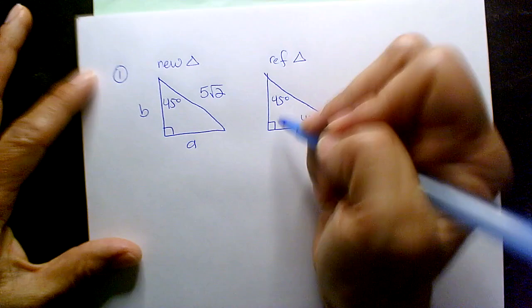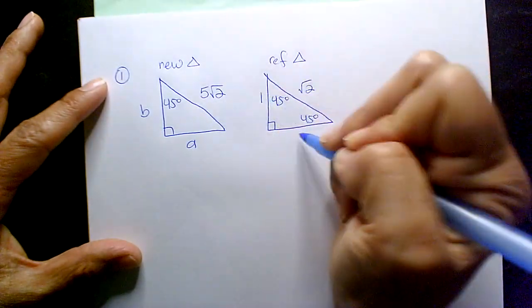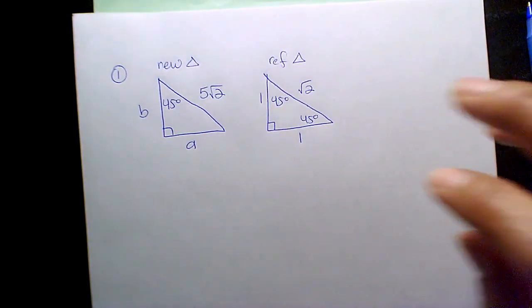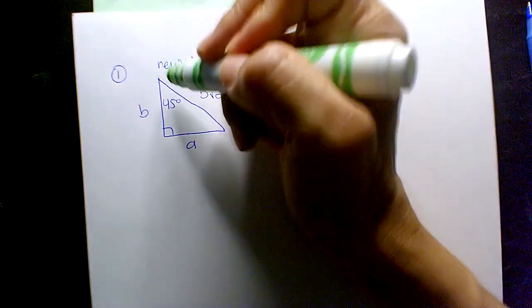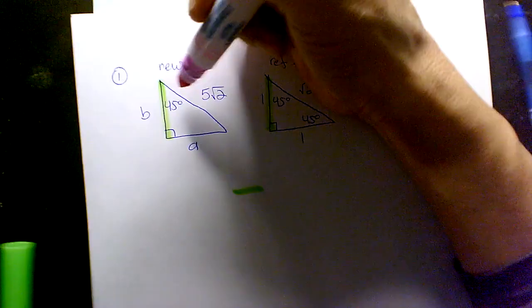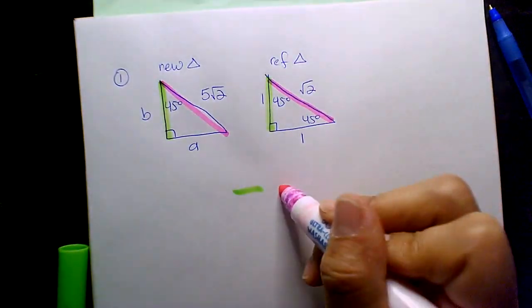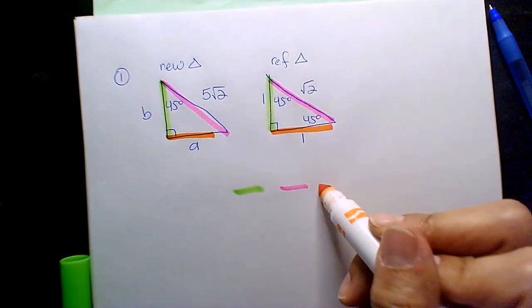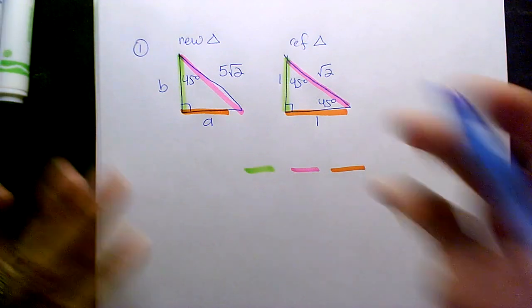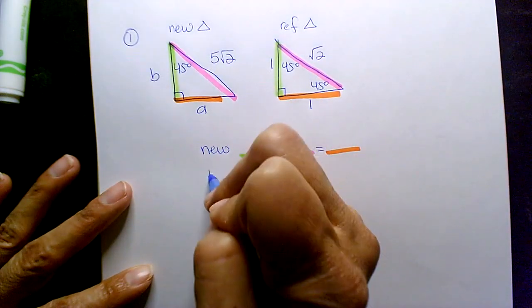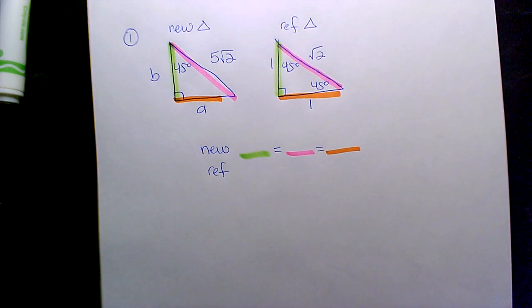Okay, what do I know? I know my hypotenuse is rad 2. My legs are 1, 1. Okay, so when you were going over similarity, if you match them up and make your statement of proportionality, it's always new over reference, the new triangle, the one you have to solve, over reference.